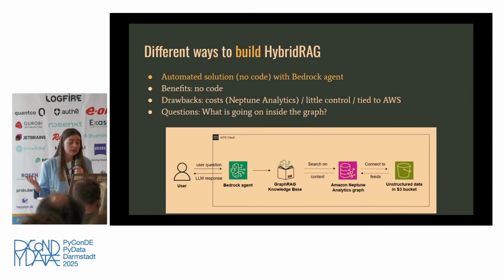You can explore how the graph is being constructed, but you have no control. You don't even have the possibility to tweak the parameters of how the graph is traversed. So it's just a black box.